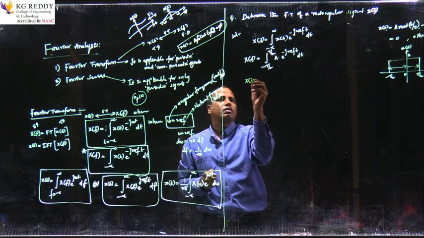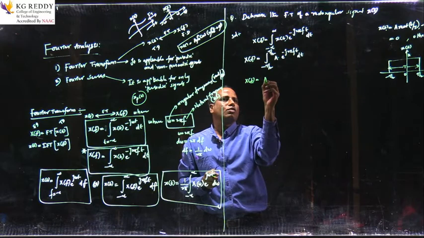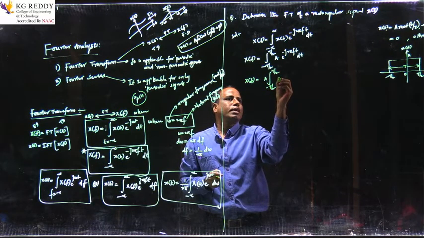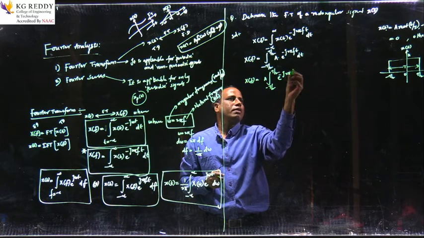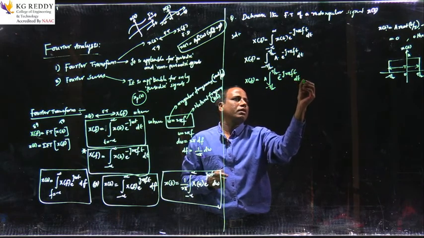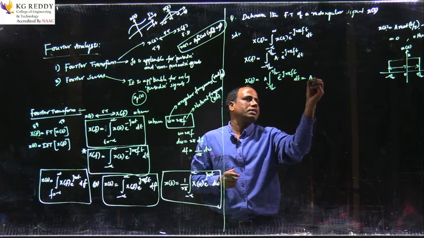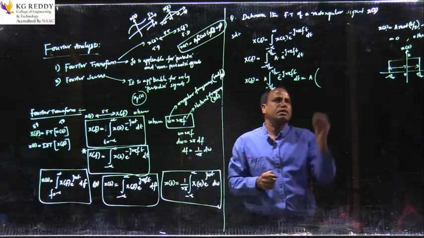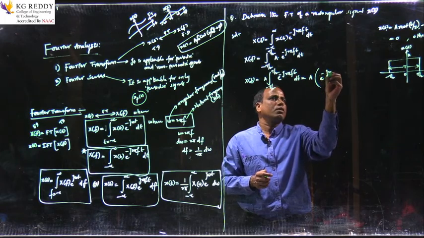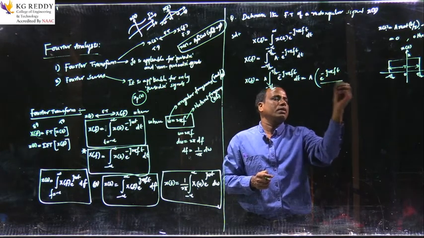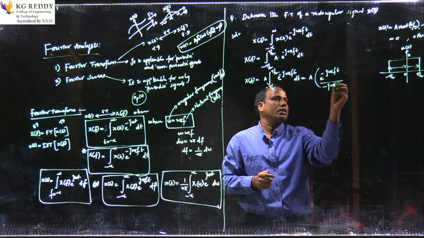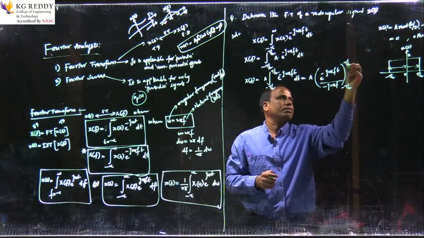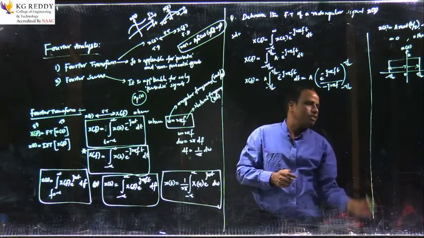Now I can take a outside, integration from minus T by 2 to plus T by 2 of e power minus j 2 pi f t into dt, and this can be elaborated as a times the integration of e power minus x, which becomes e power minus j 2 pi f t divided by minus j 2 pi f, with limits from minus T by 2 to plus T by 2.